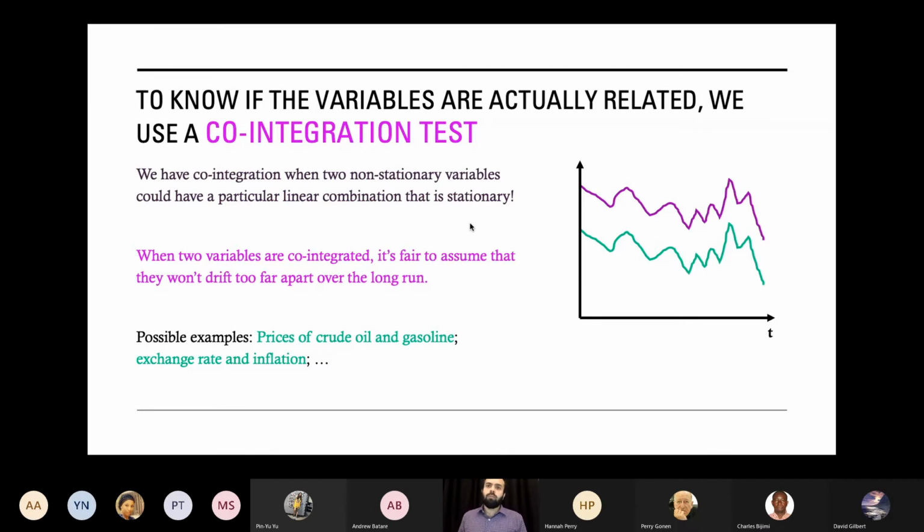So they will not drift apart. They will not drift significantly apart from each other in the long run. They are connected in a way. So when we have two non-stationary variables, such as these ones over here, and they're cointegrated, it's fair to assume that they won't drift too far apart.